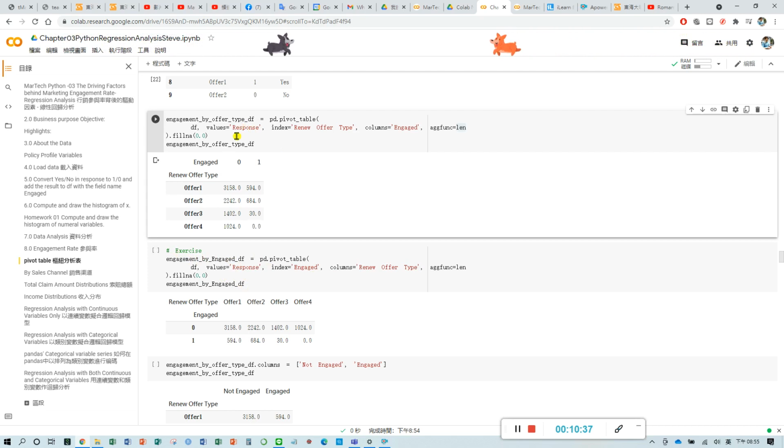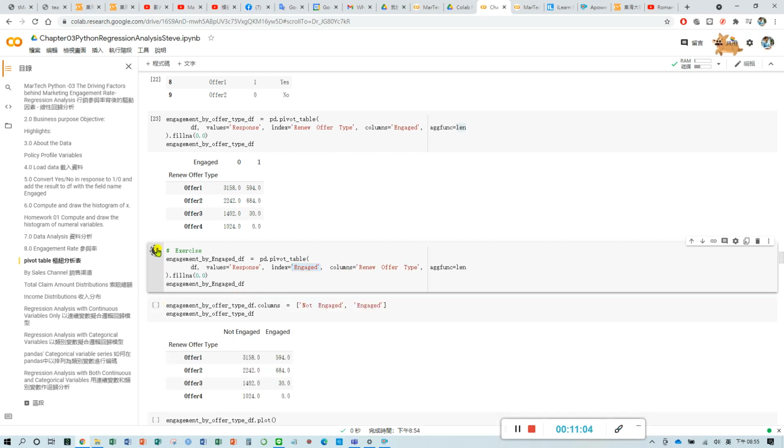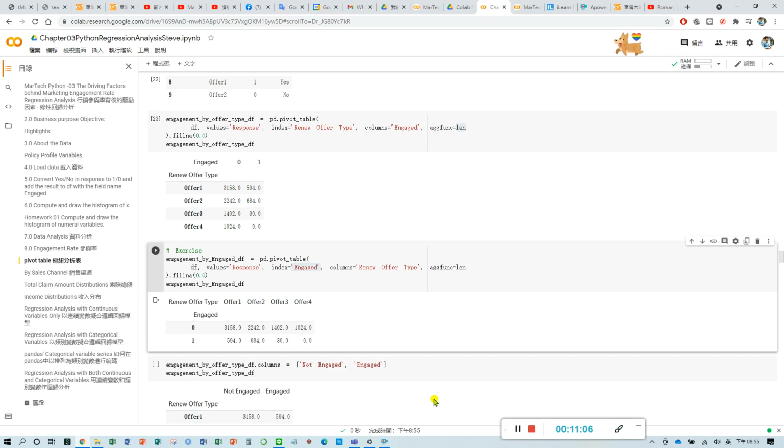If you change the index and the column, if you swap these two, what is the result? So you may see here, engaged is the index for the row, 0, 1. So what about the columns? How many? 1, 2, 3, 4. Okay, so you know the functions.